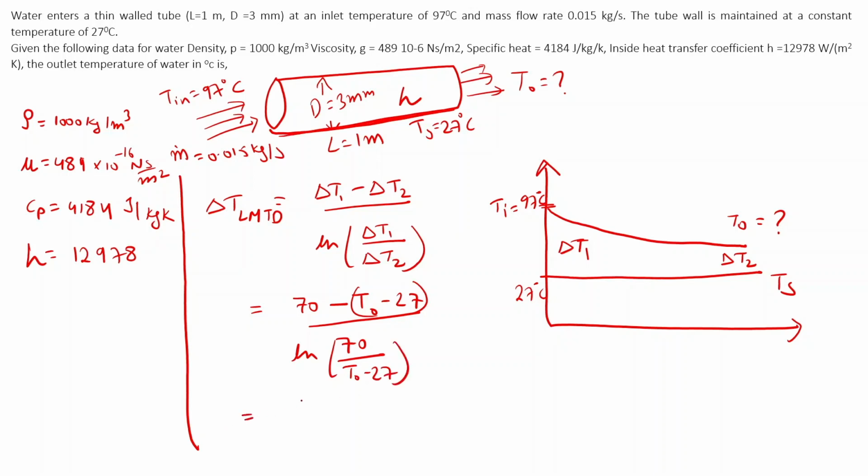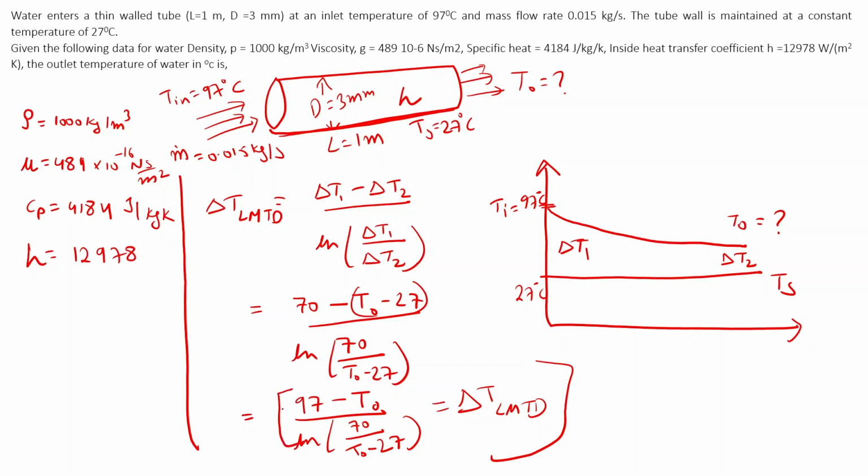So this will come to (97 minus T out) divided by ln of (70 over (T out minus 27)). So this is my log mean temperature difference reference.